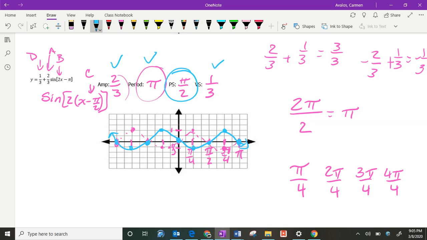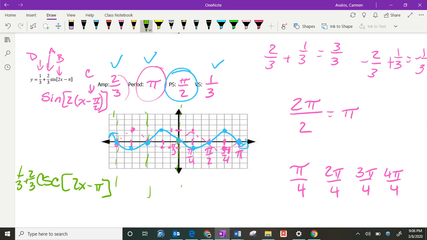Now, if we wanted to change this, let's say that instead it was the cosecant of 2x minus pi, I do the same thing that I just did. Wherever there's an x-intercept, I want to put down an asymptote.